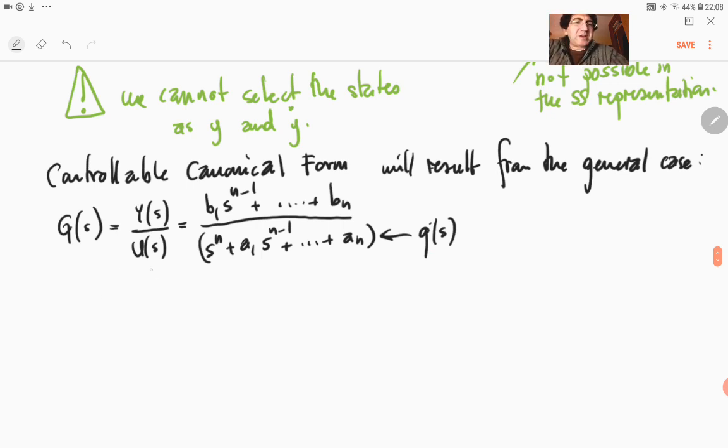Let me not cross multiply, but use Q(s) in my equation.